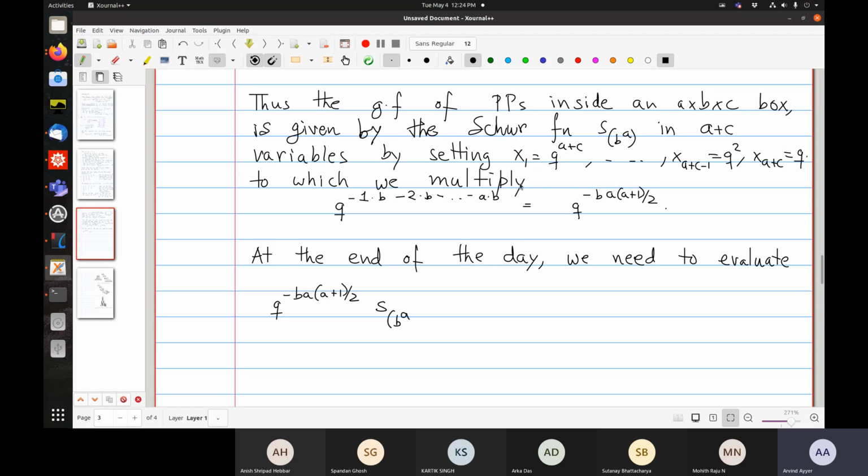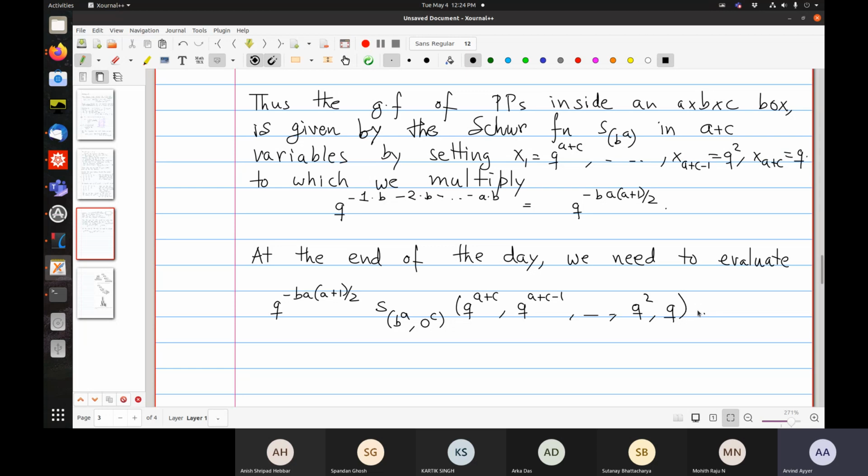We need a plus c variables. So we have a variables and c zeros, and q to the a plus c, q to the a plus c minus 1, all the way up to q squared.